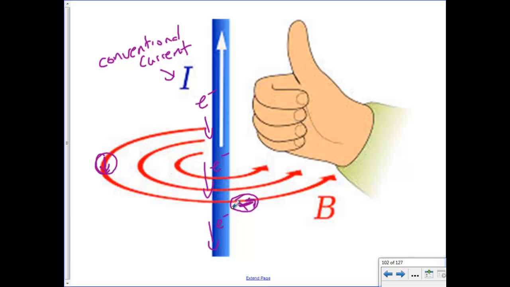If I put the compass back here, it would be pointing towards me. So the north arrow of the compass will be pointing towards me, towards you, towards the door, towards the screen. And as you move the compass around, there's a magnetic field there.